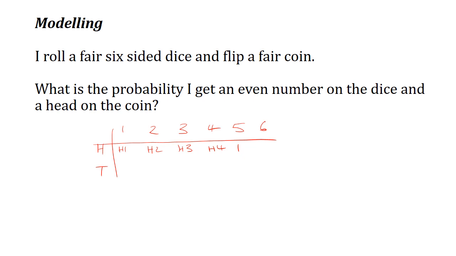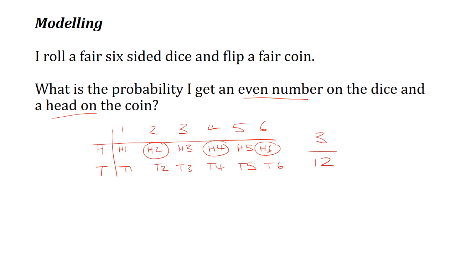And if you complete all of the table, tail and 1, tail and 2, and so on, you get a list of all the possible outcomes when you flip your coin and roll your dice. So what's the probability of getting an even number on the dice and a head on the coin? Well, we can see there's 1, 2, 3 ways in which that can happen out of 12 possible outcomes altogether. That would simplify to 1/4.